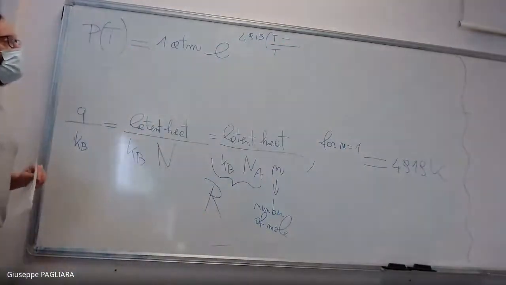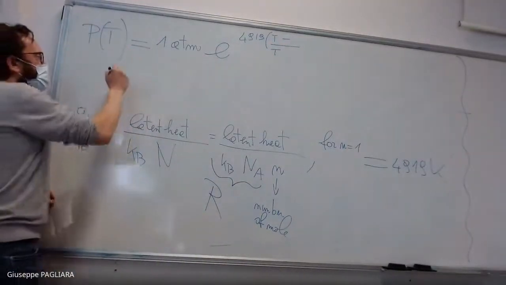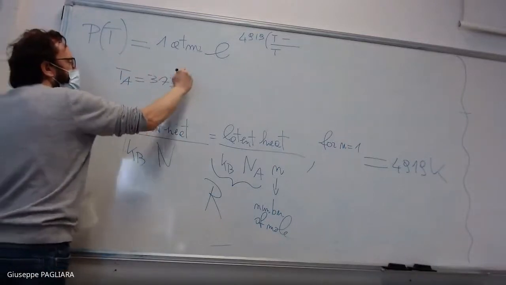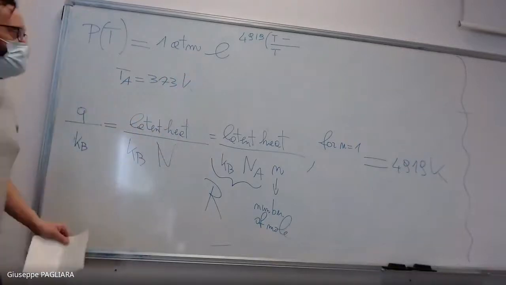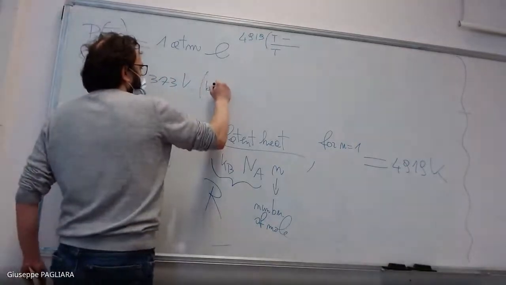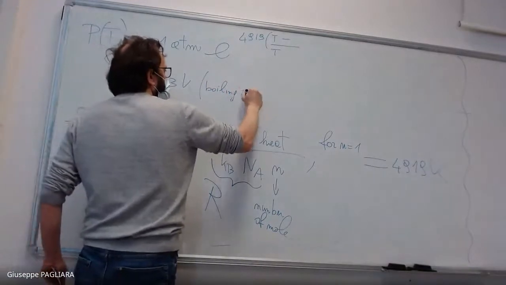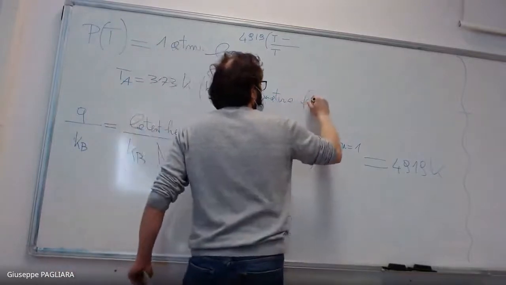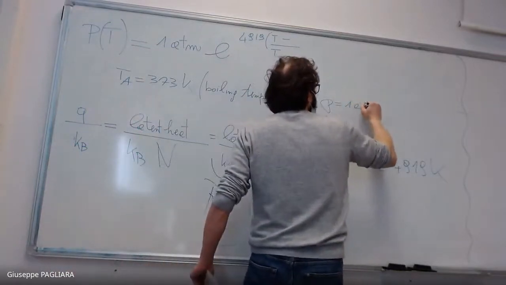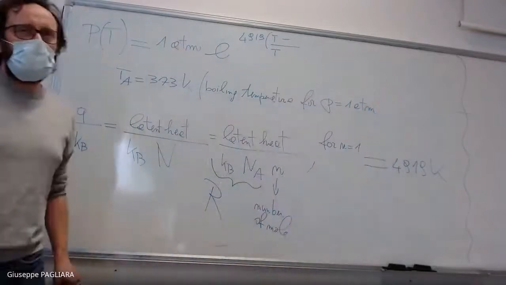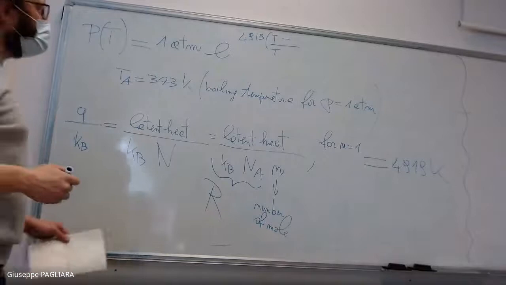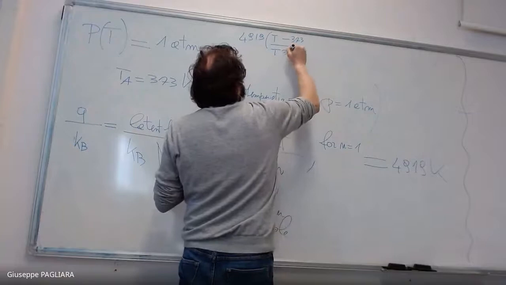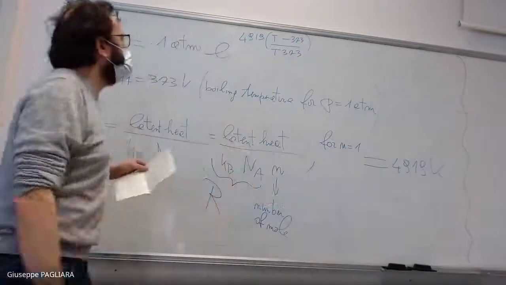Here you have to put the temperature of phase A, and T_A in this case is equal to 373 Kelvin, which is the boiling temperature for P equal to 1 atmosphere. It is 100 Celsius. So here we have 373, and here we have 373. And then we can close it.